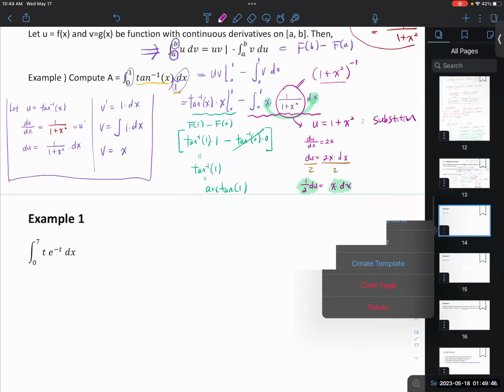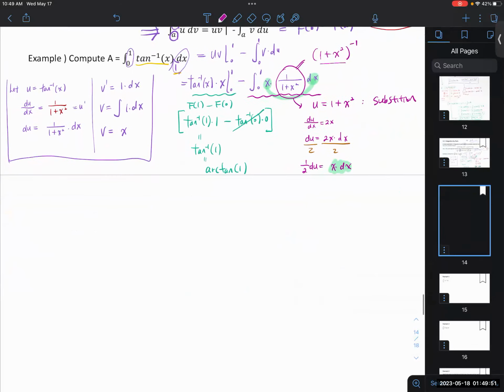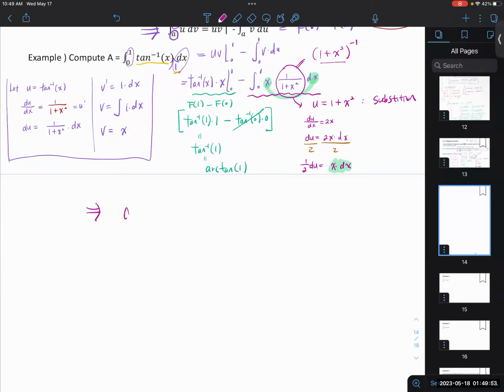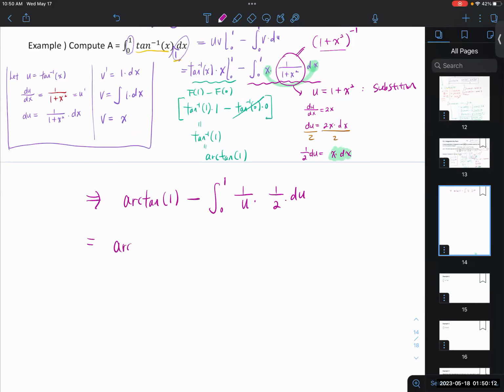So finally, we have arc tangent 1 minus the integral from 0 to 1 of 1 over u, right? Because that's your u, 1 plus x squared. And then x times the dx is 1 over 2 du. We got it. So therefore, arc tangent 1 minus 1 over 2 times the integral from 0 to 1 of 1 over u du.